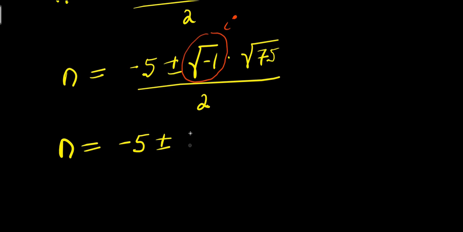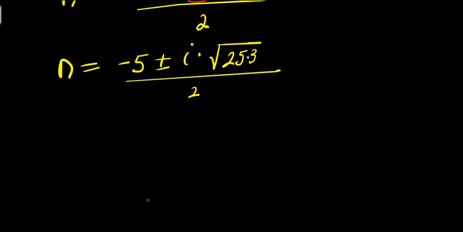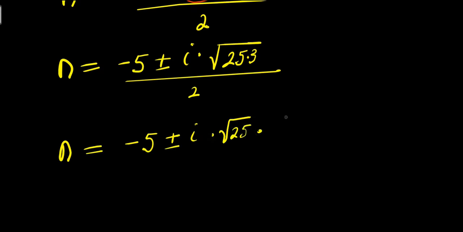So I have i times square root of 75. 75 is 25 times 3, divided by 2. So from here, I have n equals negative 5 plus or minus i times square root of 25 times square root of 3, divided by 2.